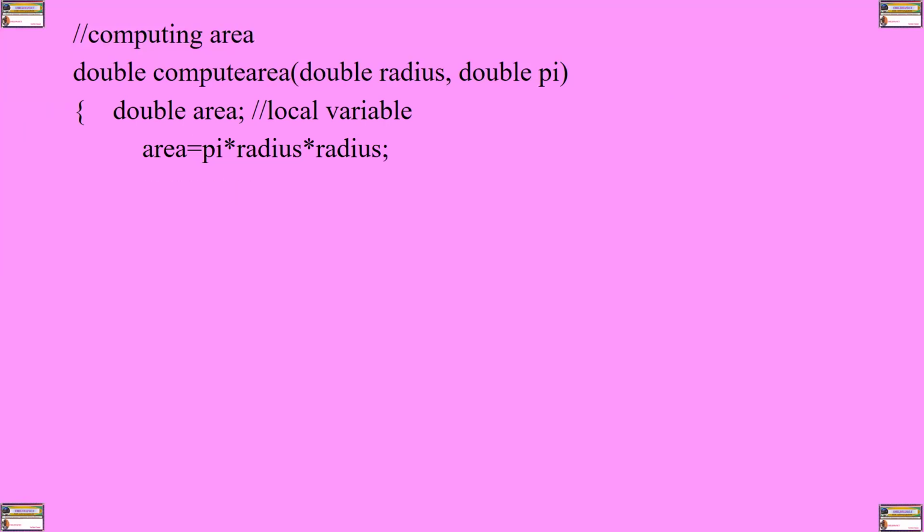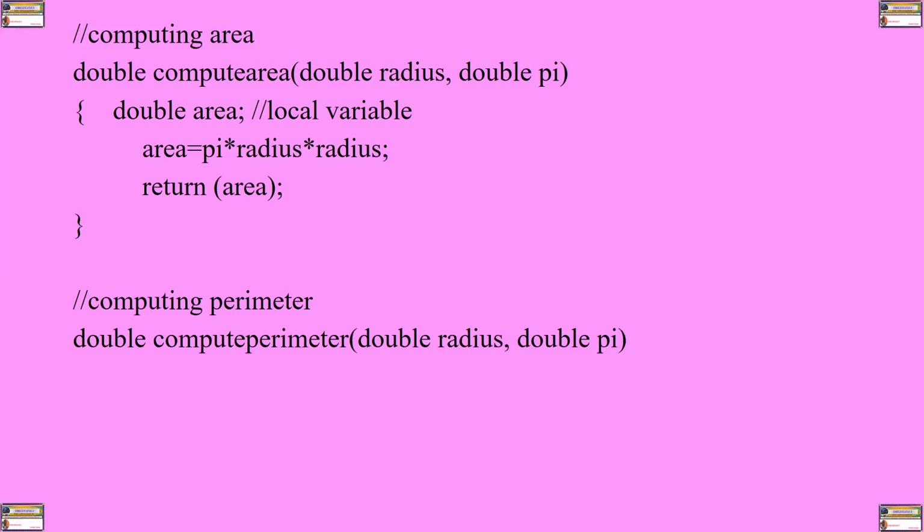And then this statement is telling the processor to return the value held in the memory location called area to the invoking function, the main function that contains the call statement for compute area.